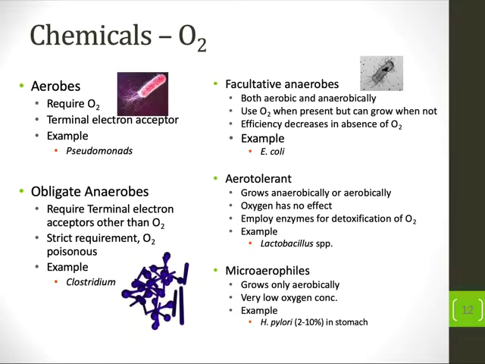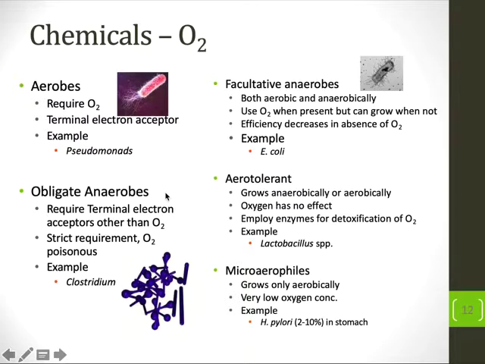So based on that, we group organisms into aerobes, obligate anaerobes, facultative anaerobes, aerotolerant, and microaerophiles. Now the aerobes will require oxygen. So they have a terminal electron acceptor being oxygen. An example is pseudomonads. That's Pseudomonas, the picture with all the flagella.